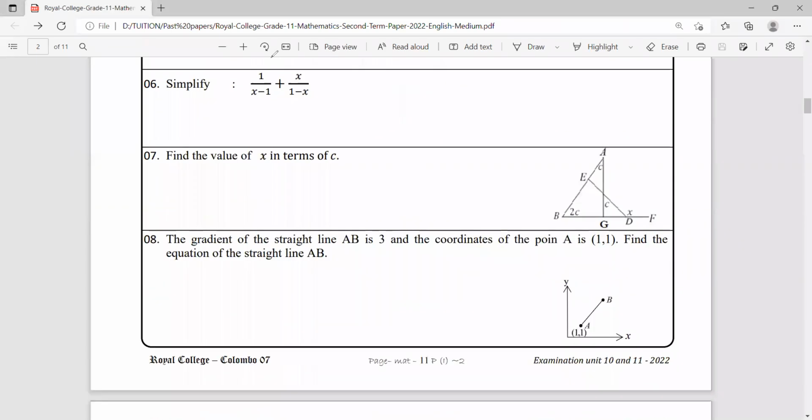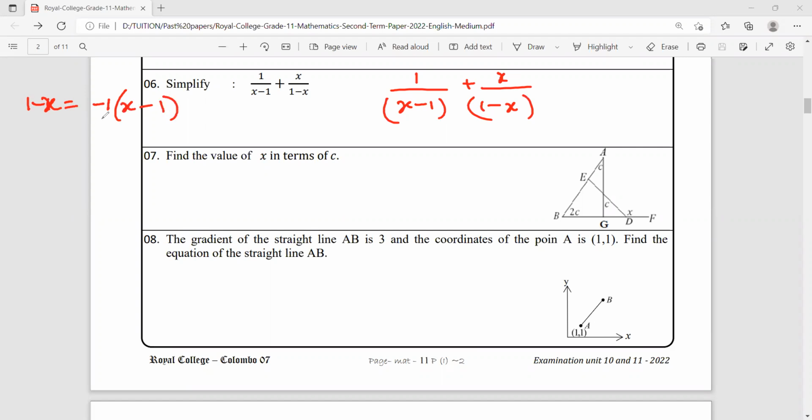And then we'll go to this sixth question. You can have it like this: 1 over x minus 1 plus x over 1 minus x, and you can see this thing, it is like this. So if you have 1 minus x, you can take minus 1 here, and you can write x minus 1.